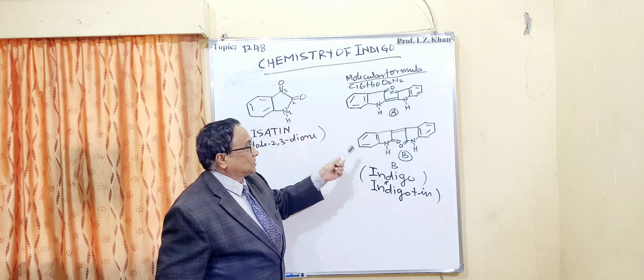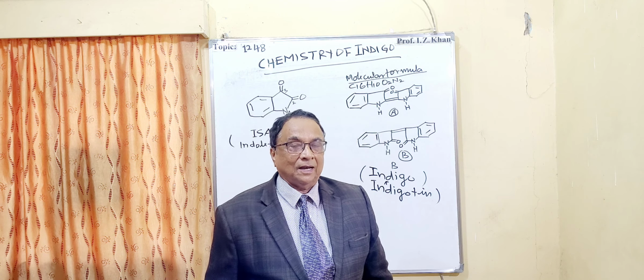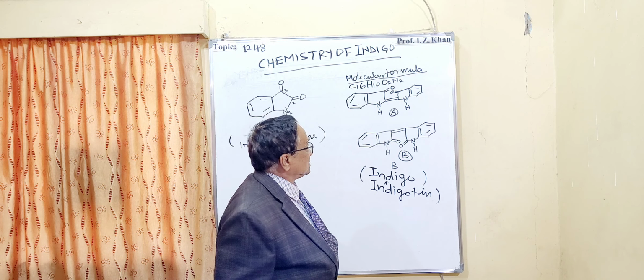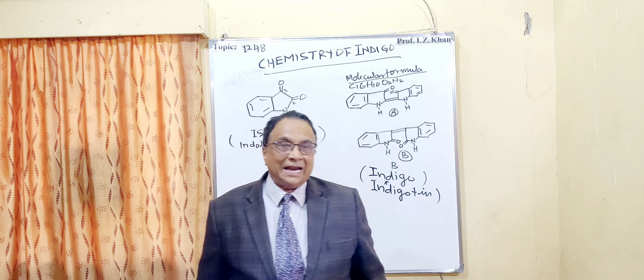And here we have to see its geometry, which one will be more stable. That I will be discussing on the basis of some reactions later on, and on that basis we will say that structure 1, that is A, is the stable structure of indigotin or indigo, because it shows geometrical isomerism.